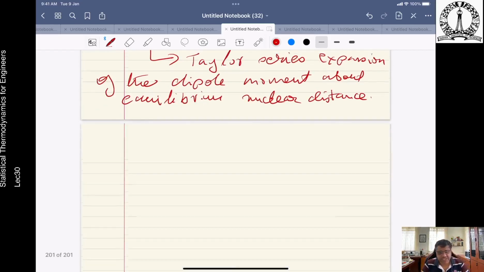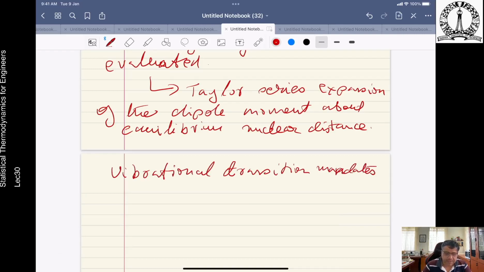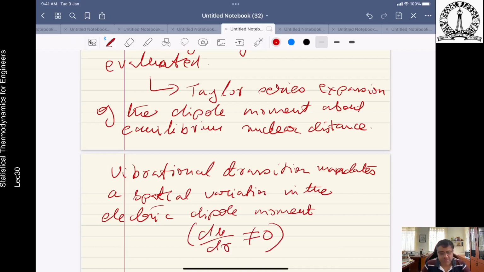If we follow this procedure, we find that a vibrational transition mandates spatial variation in the electric dipole moment, which means d mu by dr cannot be equal to 0.